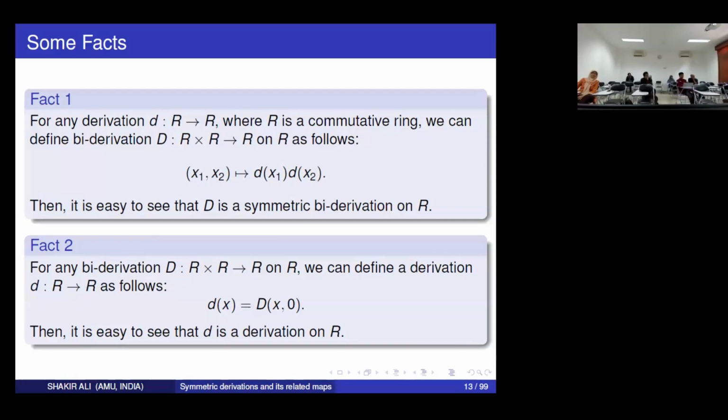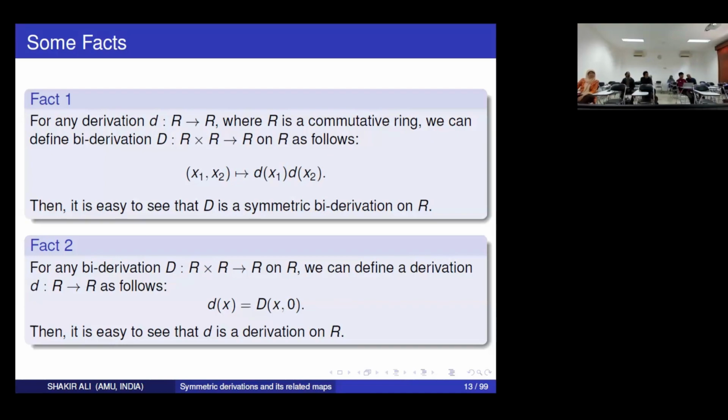If you take the first argument x1 and replace x1 by xy, check the property. For the second argument, you replace x2 by x2y and check. So then it is of course a biderivation, which is not a derivation, and easy to check.